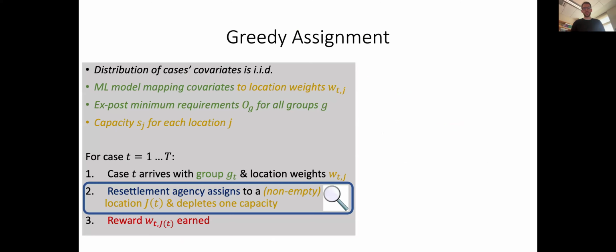Now, the first natural thing that you might think of doing, if you have an ML model that tells you for each case the probability that they will find employment in a given location, is to just assign them greedily. That would make use at least of the machine learning model.